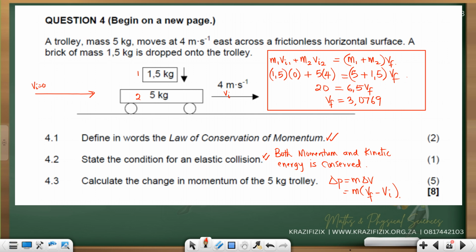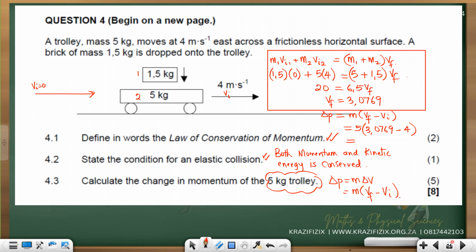Okay, now I'm going to bring that in here by saying change in momentum is m times vf minus vi. What is the mass? Please take note of the 5 kilogram trolley. What is the final velocity? And it makes sense, the velocity must decrease, and its initial velocity is 4.